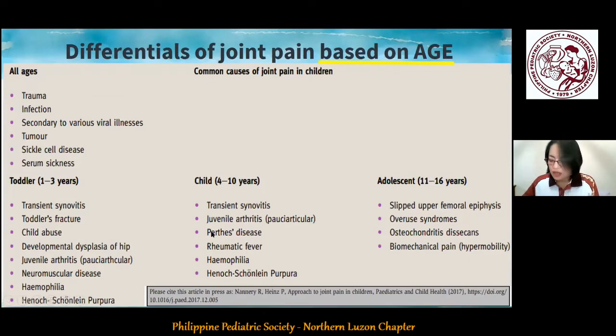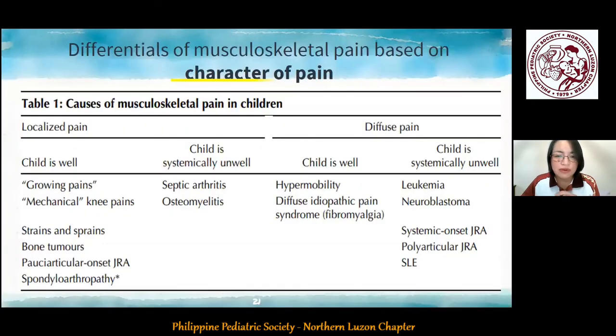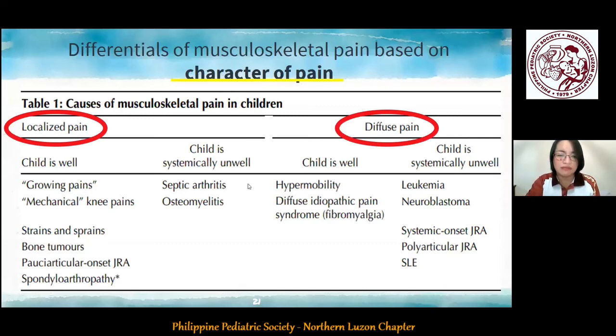Okay. Now others, I won't go through this one by one in the interest of time. Others use the character of the pain. So is it localized? Is it diffuse? And then they further check if the child is well or unwell.